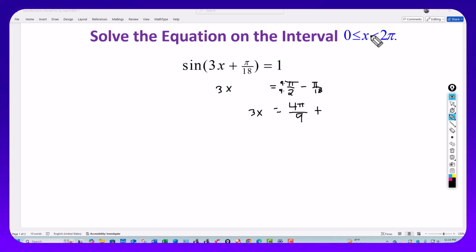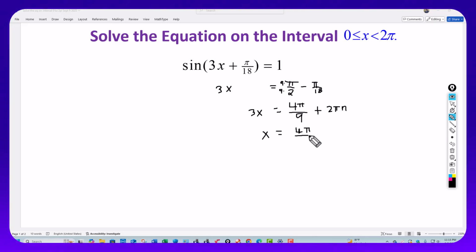Now to get all the solutions, let's set it up as a general solution. Let's go ahead and add 2 pi n here, and that would give us all the possible solutions for 3x. Then we divide by 3, so multiply both sides by 1/3, or divide by 3, same thing.